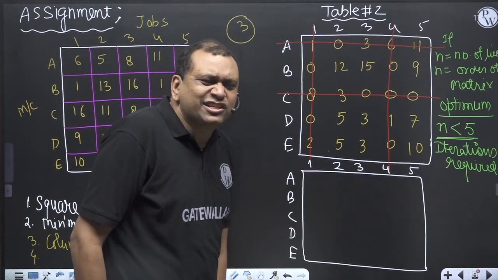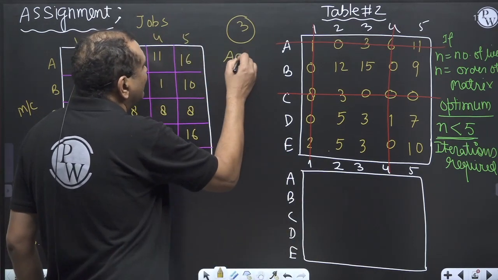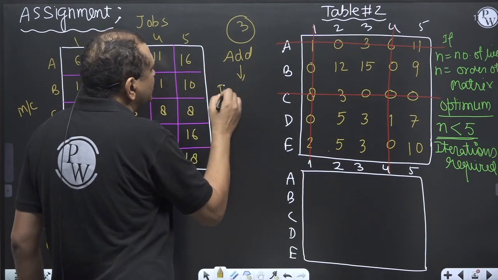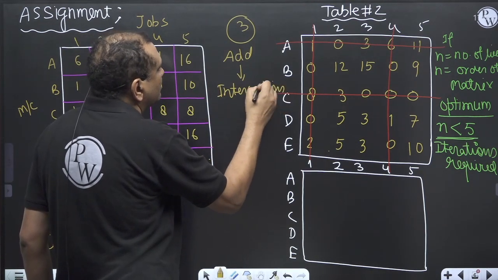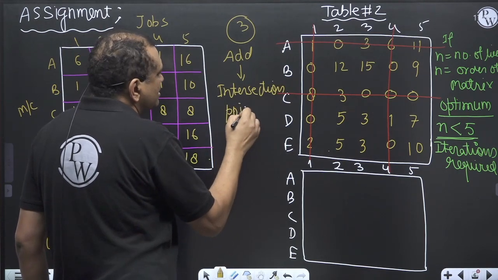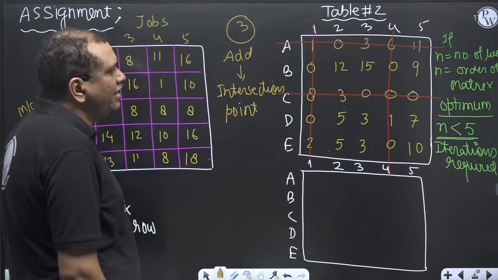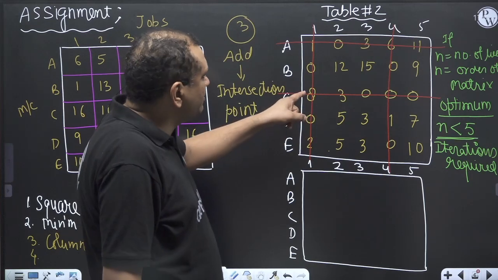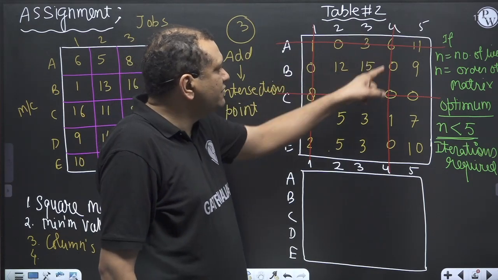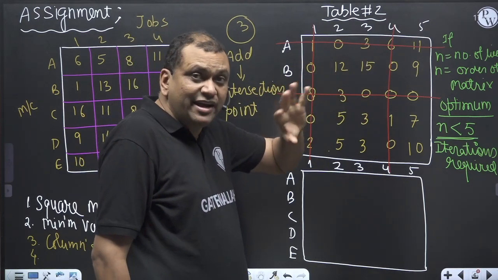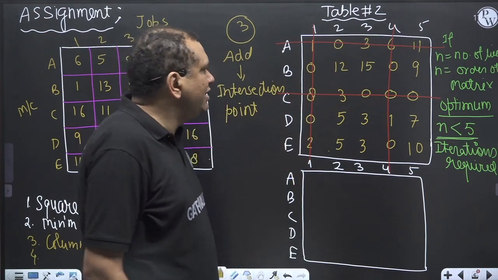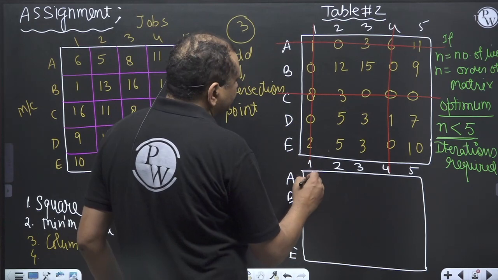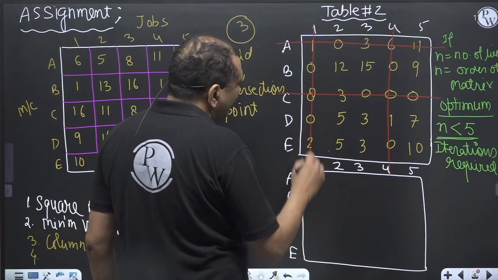And add this number at intersection points. What is the intersection point? This one, this one, this one, this one. Add at the intersection point and subtract it from the uncovered elements. So let us do it. 3. Remaining will be as it is.